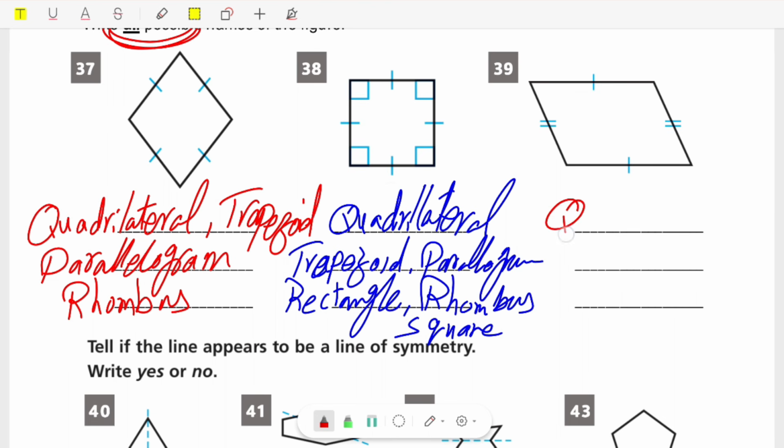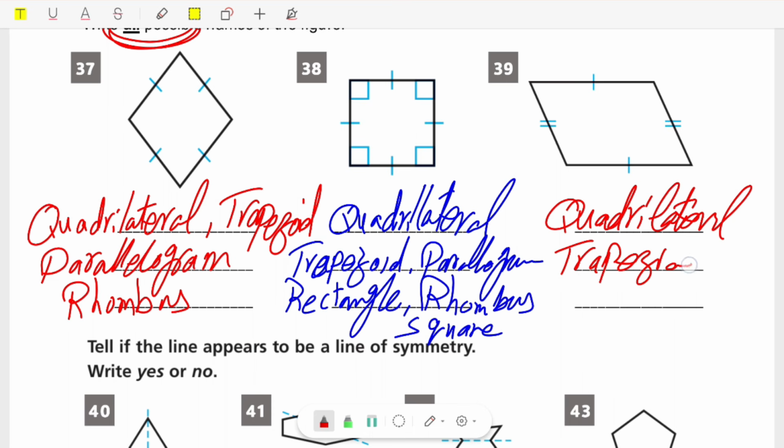So it's a quadrilateral. Do we have at least one pair of parallel sides? Yes, so it's a trapezoid. Do we have two pairs of parallel sides? Yes, so it's a parallelogram. So quadrilateral, trapezoid, parallelogram, it has three names.